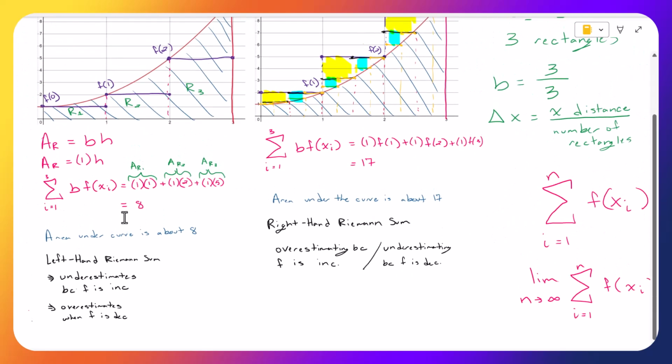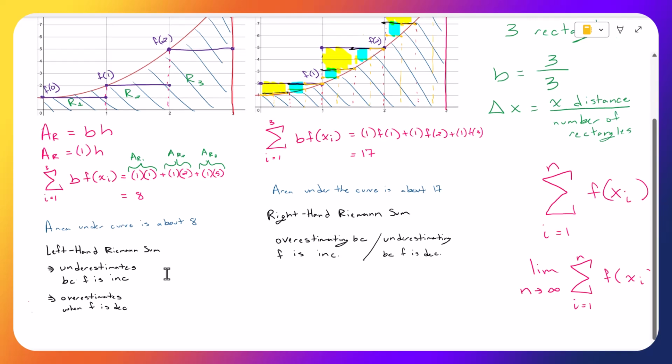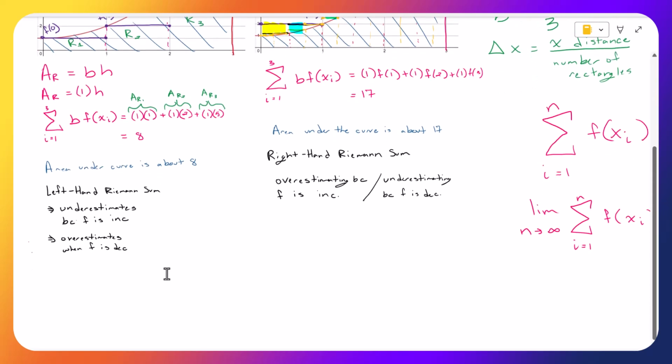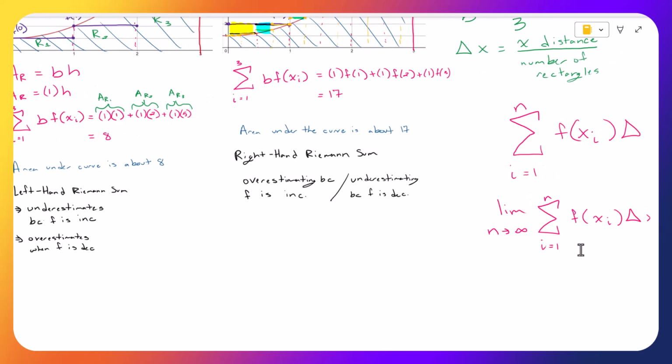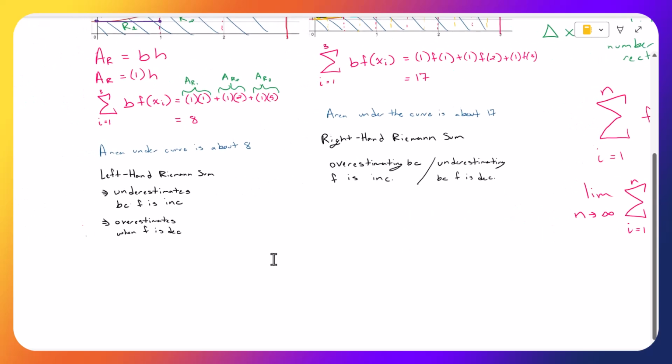to these two here, and I want to connect this to what our Riemann sums would look like in really formal notation, or using this integral notation.